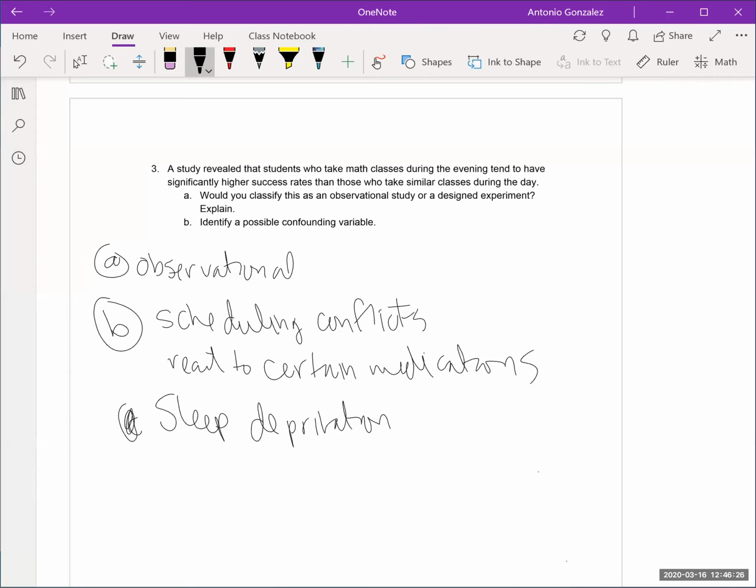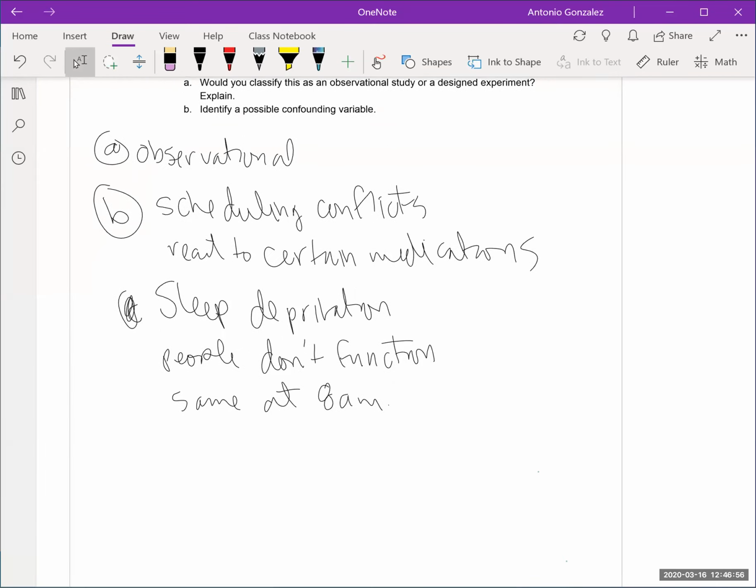No one likes to get up early, especially younger students, who don't function the same. Yeah, good. So these are good possible confounding variables, right? Things that we want to take into account.